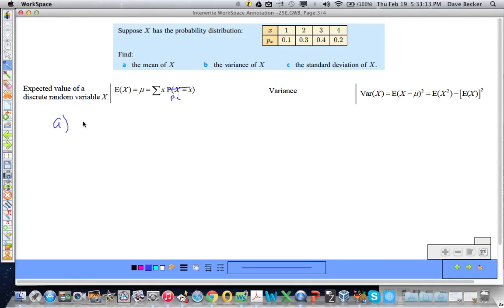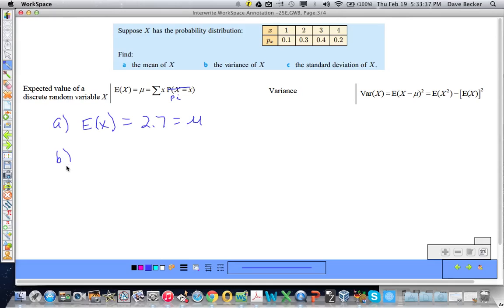So if I took 1 times 0.1 plus 2 times 0.3, 3 times 0.4, 4 times 0.2, then I would get E of x equal to 2.7, which would be equal to the mean mu.